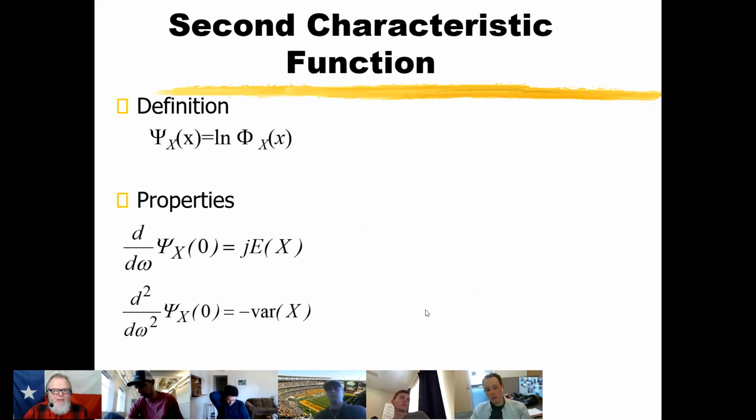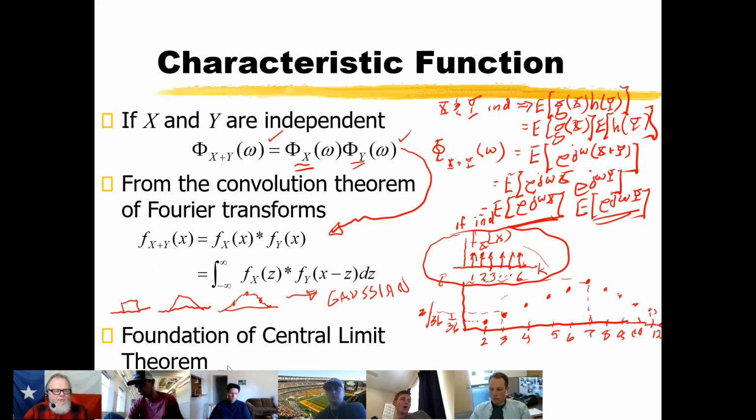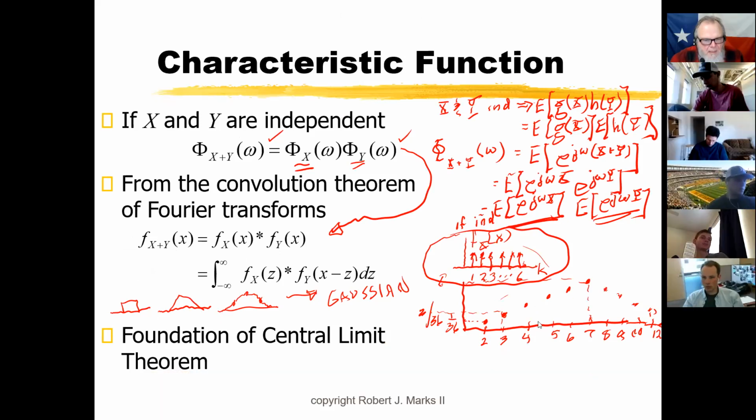So we will be talking about the central limit theorem later on in the course. It's just a beautiful, beautiful result. That's the reason that in statistics, you hear about chi-squared tests and F tests and things of that sort.